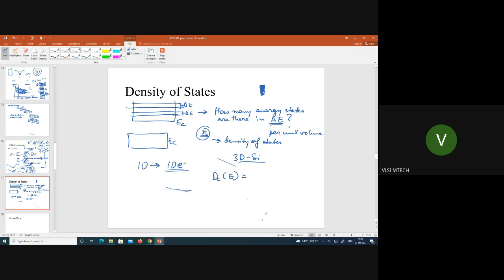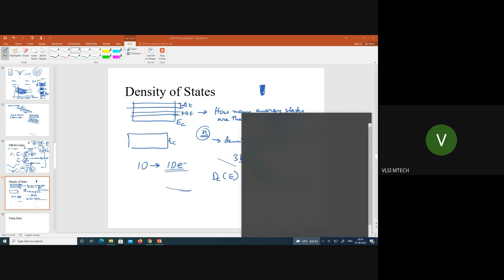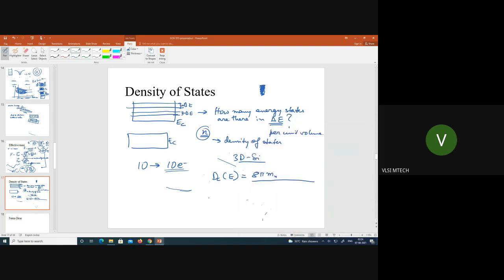It's obviously a function of energy. Here Mn is the electron effective mass for density of states.